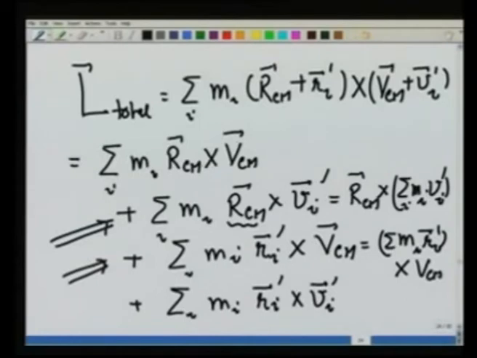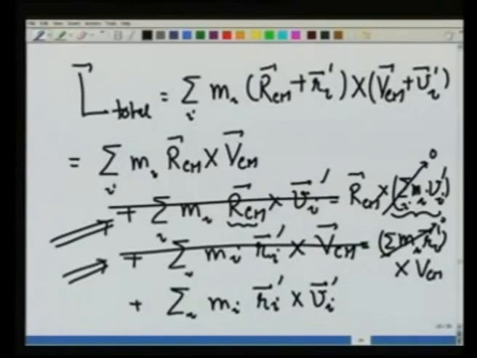A minute's thought will tell you this is the total momentum with respect to the center of mass, and that is always 0. Similarly, this is the coordinate of the center of mass with respect to the center of mass, that is also 0. So, these two terms drop out.